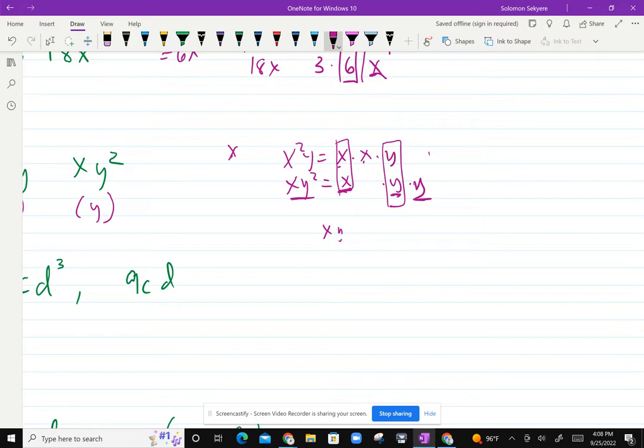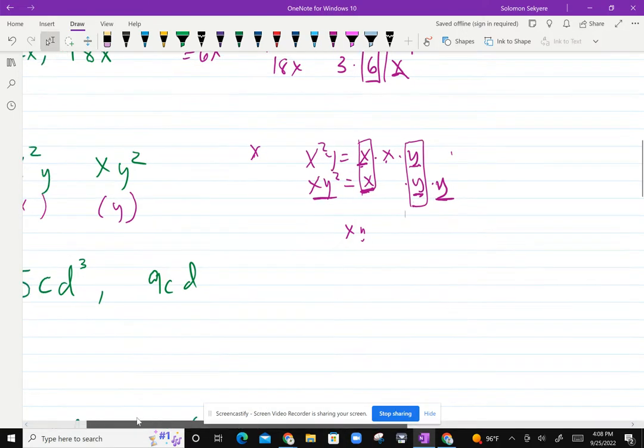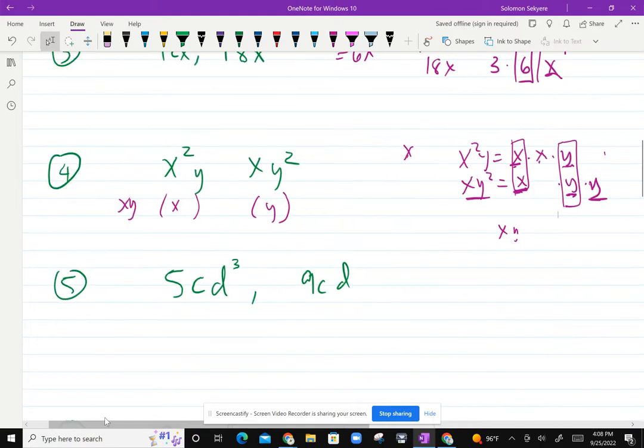So we set it up. What is common? We have x and x common, y and y common. So xy is what is common to these. So we take out the xy, and we're left with x and then y. See that?